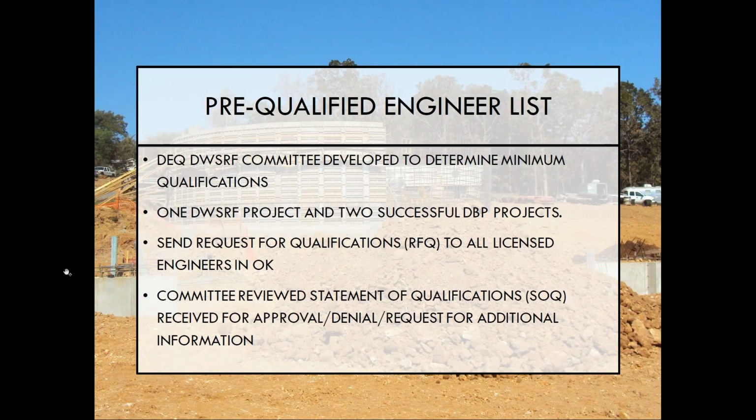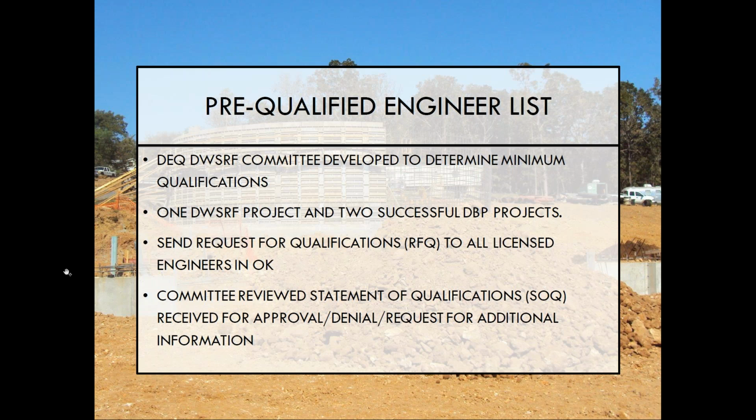As I said, we'll talk a little bit more about the pre-qualified engineers list. Back in July of 2018, when we were kicking off the health-based subsidy program, we developed a committee to look at what minimum qualifications we felt engineers should have to work on these subsidy projects.